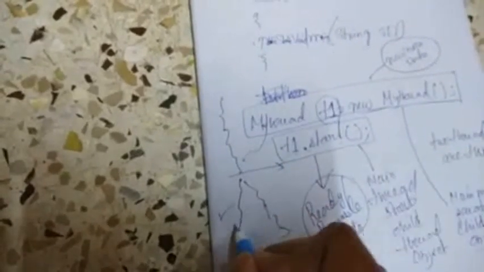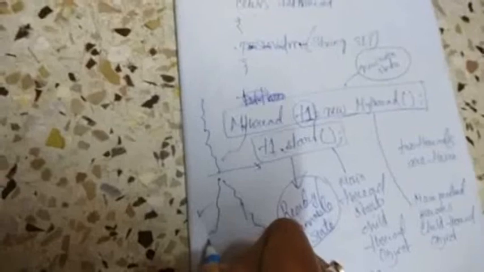Until you specify t1.start, there will be one execution flow. After t1.start, two different paths will be there: one followed by the main thread, one followed by your child thread. Clear?